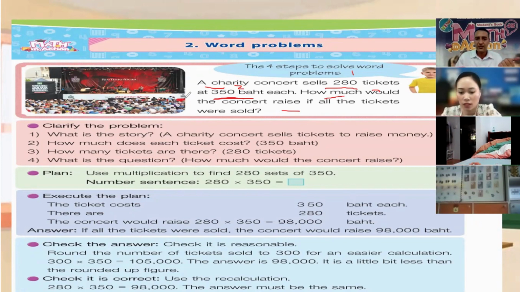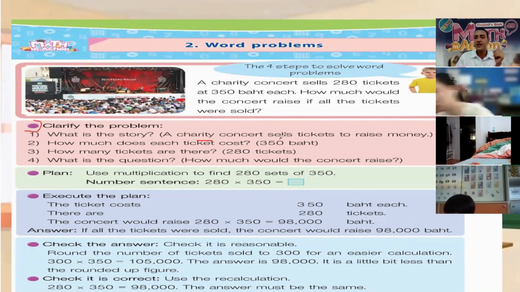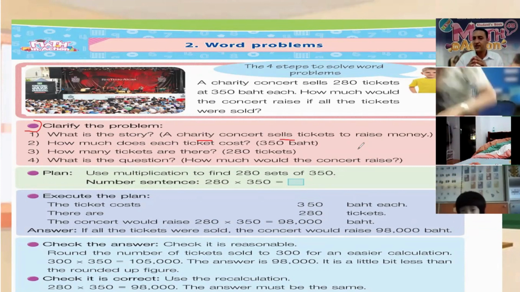We start with clarifying the problem, step 1. What is the story about? The story is about a charity concert that sells tickets to raise money. That is what the story is about.